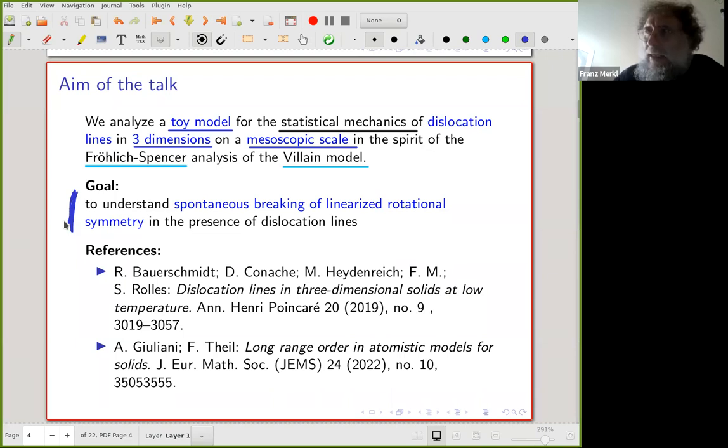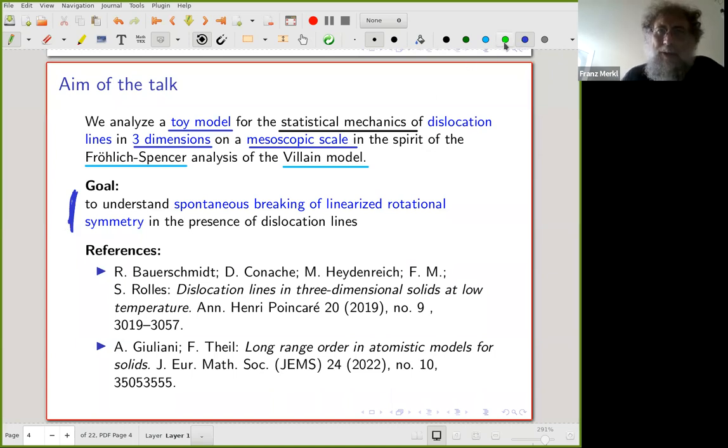But the guiding problem behind it is to understand why is it that dislocation lines on very large scale in thermal equilibrium do not perturb the long-range order of a crystal. Why is it that the dislocation lines in thermal equilibrium on very large scales are not so much visible anymore, such that they could destroy completely long-range order.